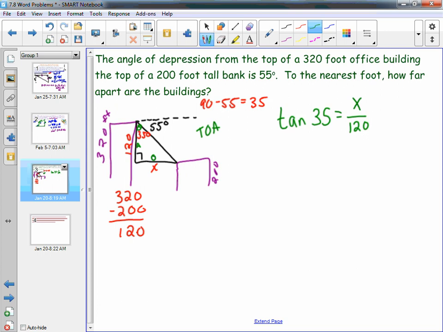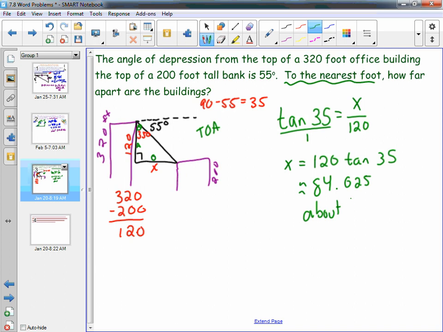And then I'm going to cross multiply, and I get x equals 120 tangent 35, which is approximately 84.025. Again, our problem says to the nearest foot, so we will say about 84 feet apart.